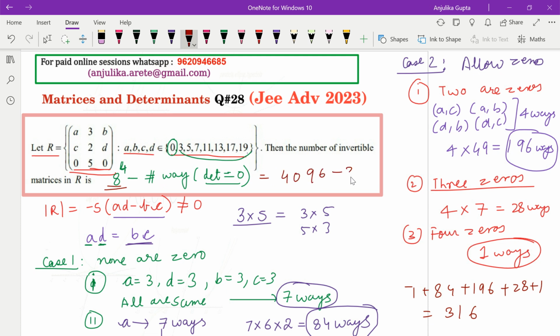Then you subtract 316 from there. You end up getting 3780. This is the total number of ways you can have an invertible matrix. So the number of invertible matrices in R is 3780. Very nice question. It's a counting problem, not a determinant problem. See you with another one.